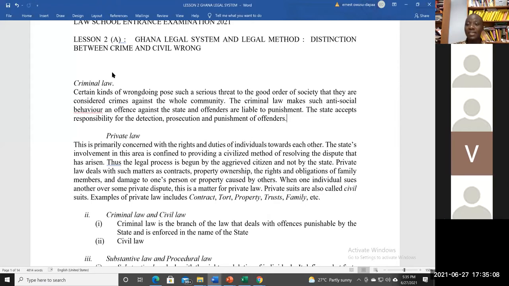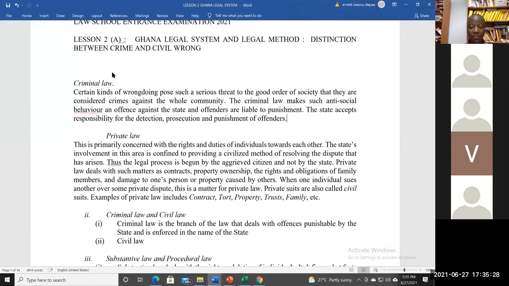One thing we have to notice is that we have to take the legal system seriously because it is an area which will be examined, most likely in two aspects of the exams.